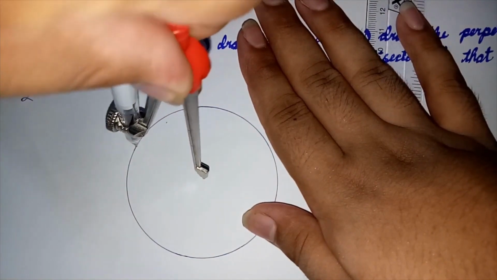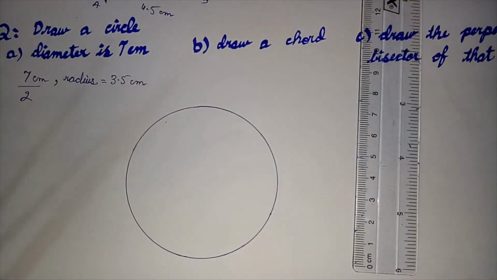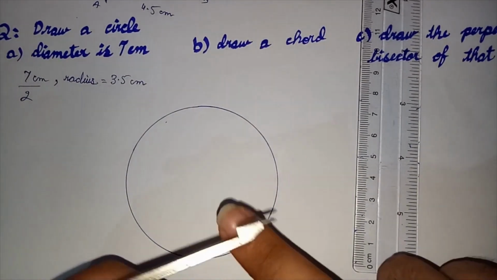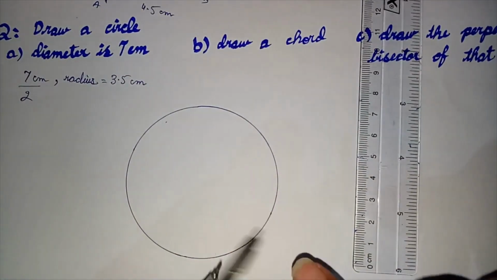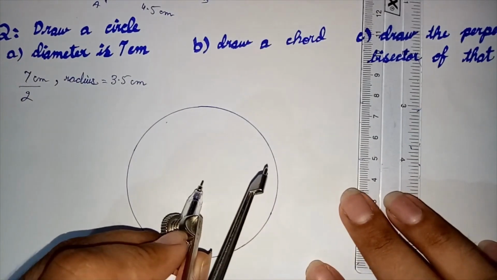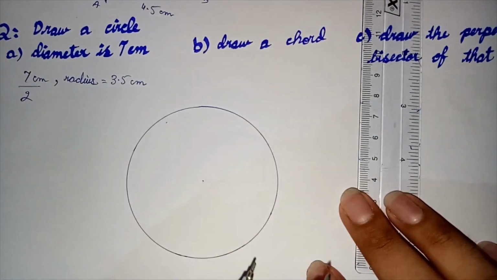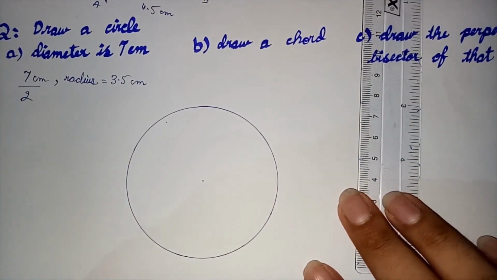Clear? So that's how we can draw a circle of radius 3.5, and the point where we have put the needle is the center.